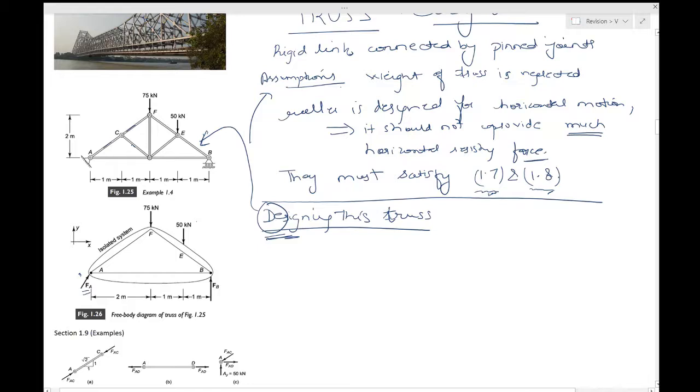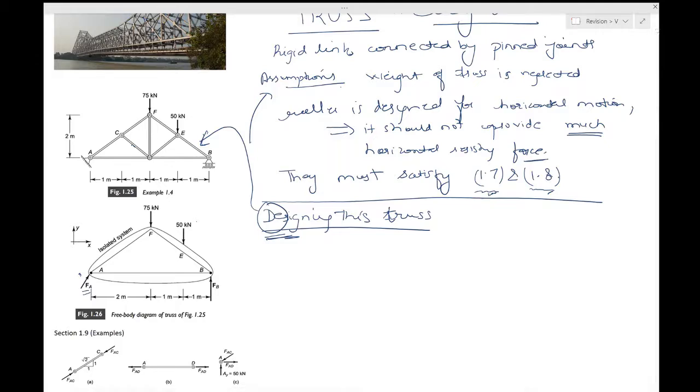So if you want to see what is the force, you can then design accordingly. You can take a different material, take a thicker material, and so on, once you know how much force each of the links has to sustain. Okay, so we'll try to do that now.